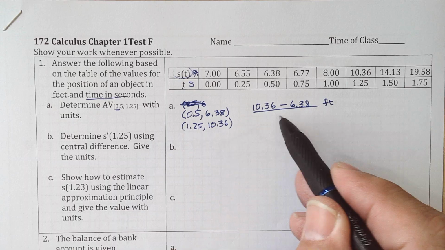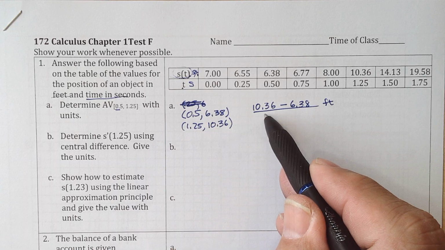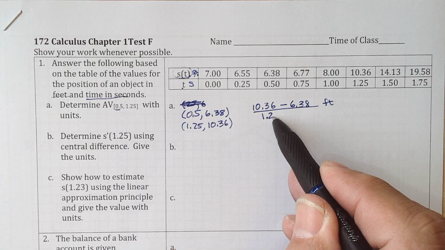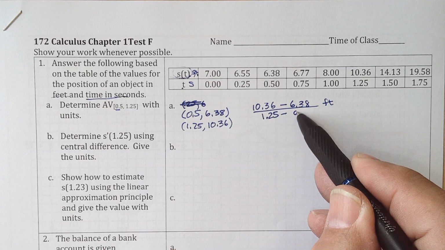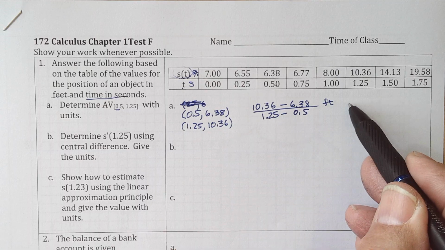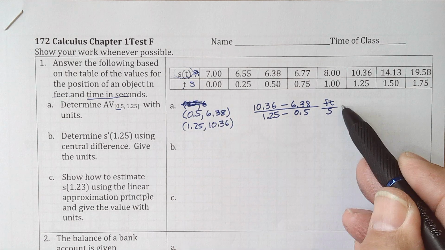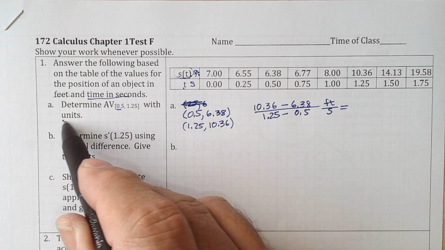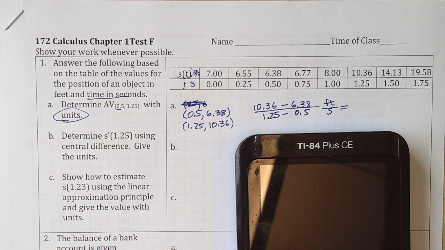And the time changed from 0.5 to 1.25. So I take 1.25, x2 minus x1. And that's the time in seconds. So there's the units on my answer. So let's figure out what that works out to be.